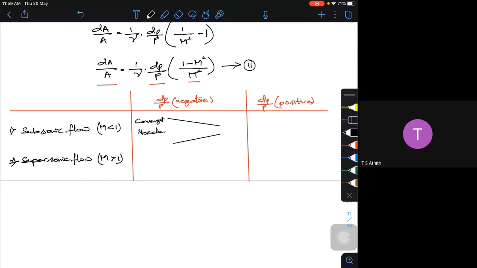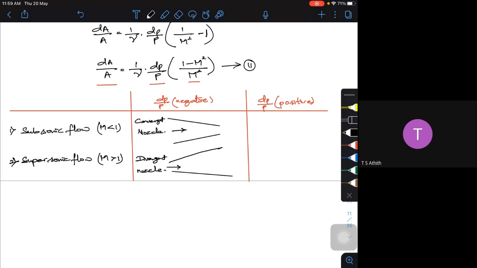So this particular thing will become something like this, completely a divergent one. Okay, so I'm going to end up with a divergent nozzle, because this is the direction of the flow.